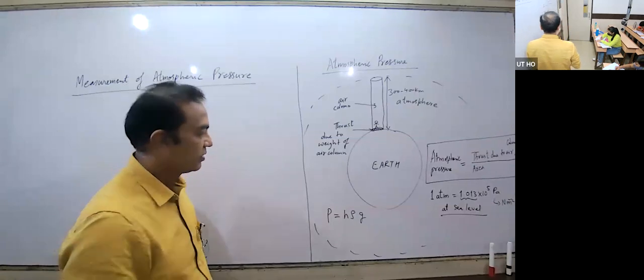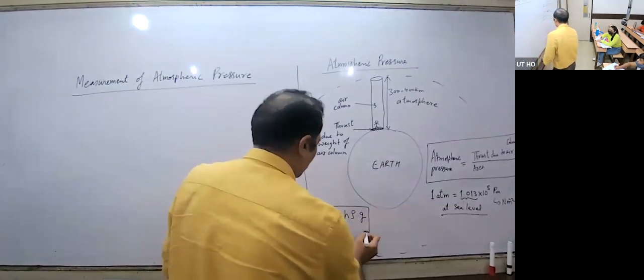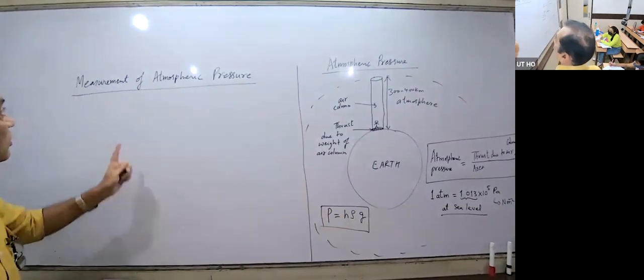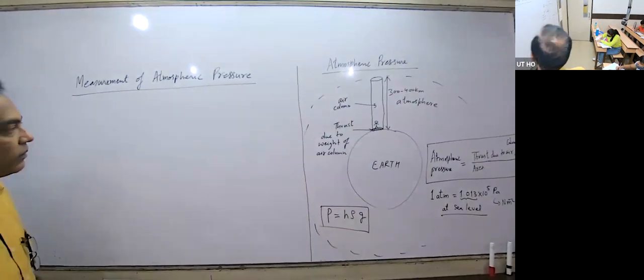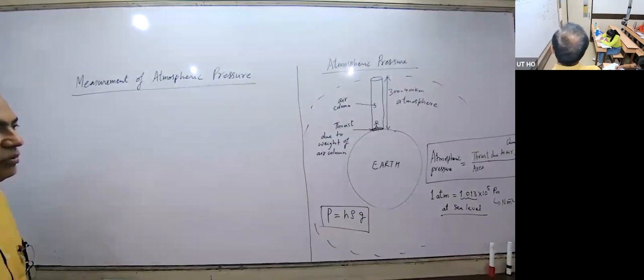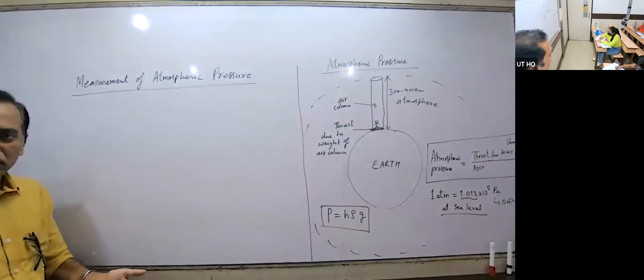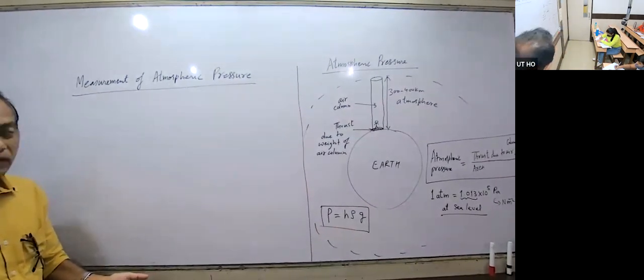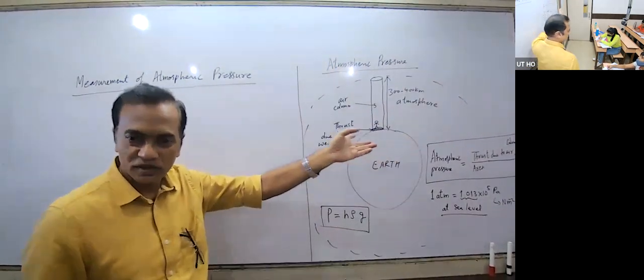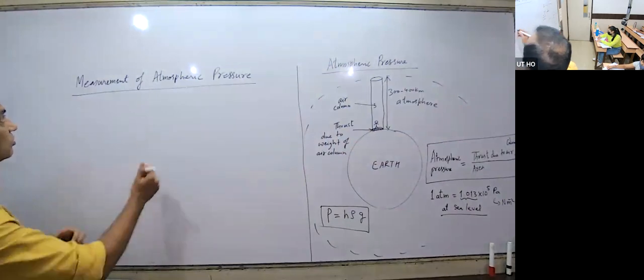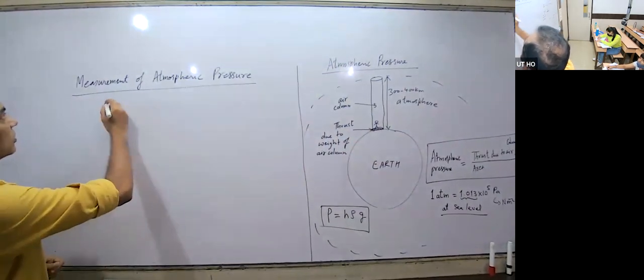We'll make use of this formula for measuring atmospheric pressure. We have to be able to do it in the lab. We won't be traveling to measure the height or length of the atmosphere. So we make use of mercury level.